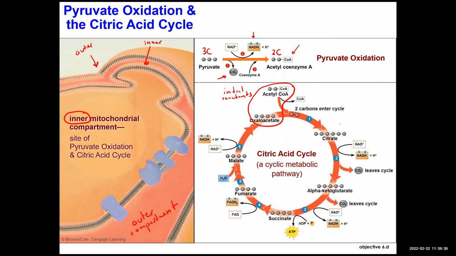From there, we're going to produce citrate. This is where the citric acid cycle gets its name. This is citric acid. You do not need to know the name of any of these intermediates. Only citrate.